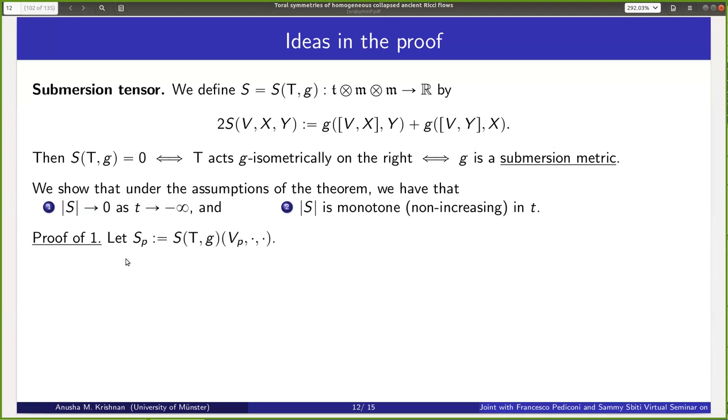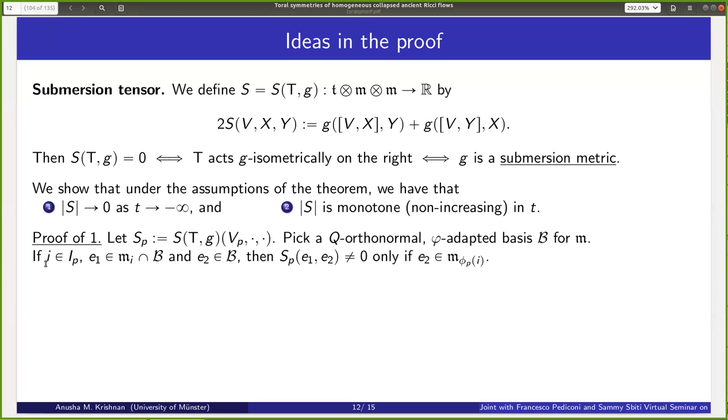So here's some notation. You pick a generator V_P inside the torus and let S_P denote the submersion tensor, where in the first entry you put that particular generator inside the torus, and pick a Q-orthonormal and phi-adapted basis for M.